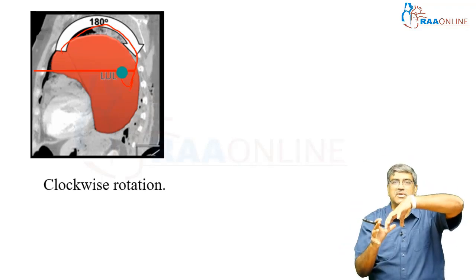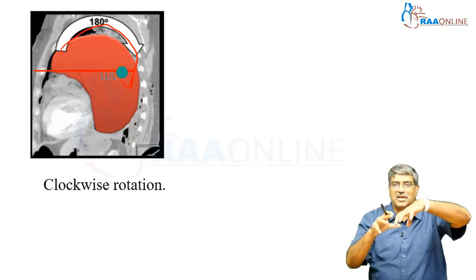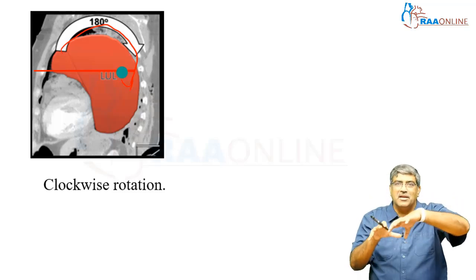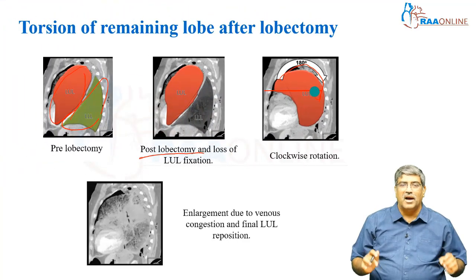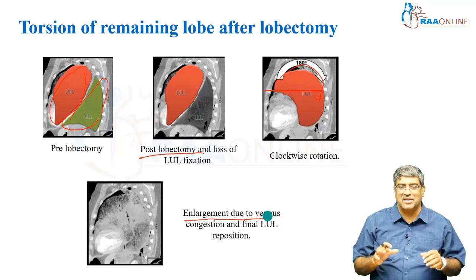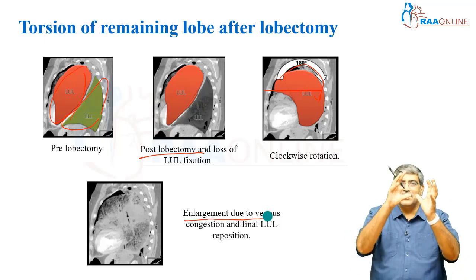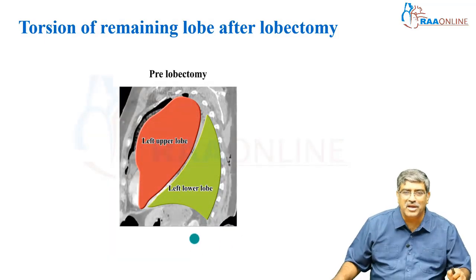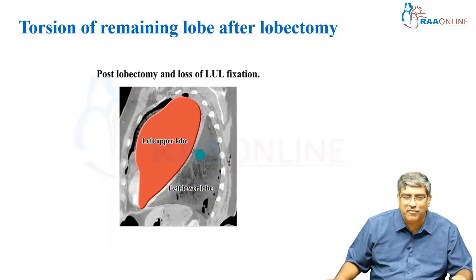Our left upper lobe is coming as a clockwise rotation and it is coming into the space which is created empty by the removal of the left lower lobe. And because of this, there can be enlargement due to venous congestion, and finally the left upper lobe adjusts to that position.